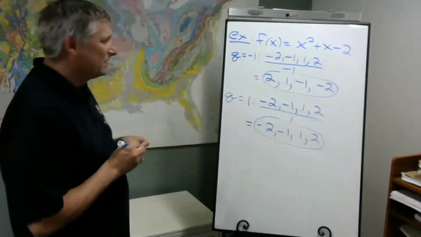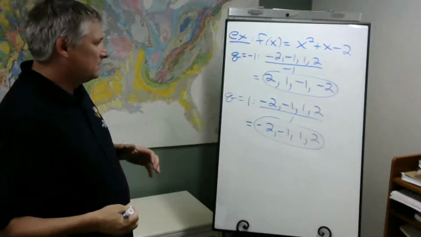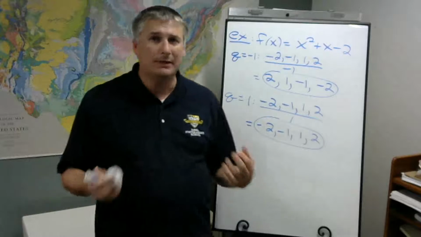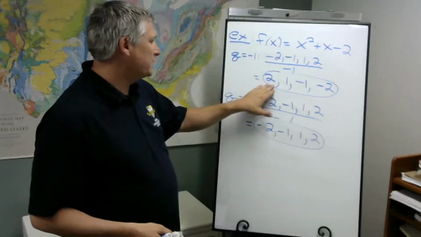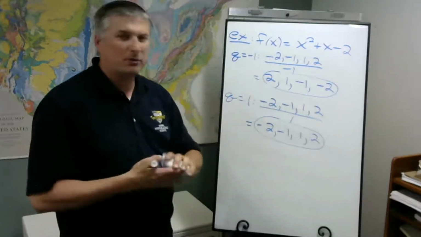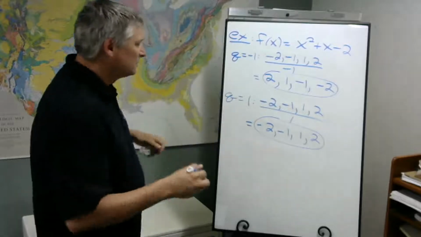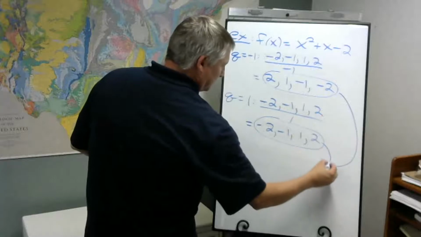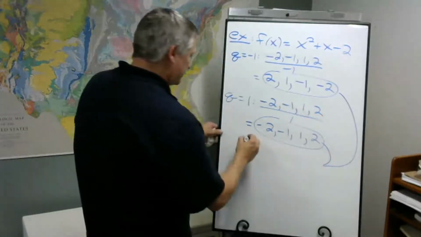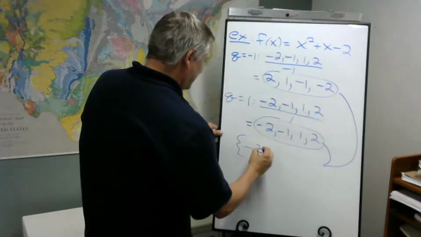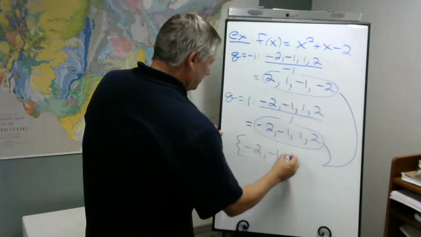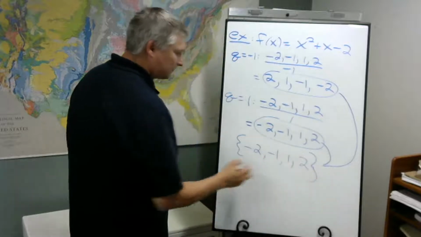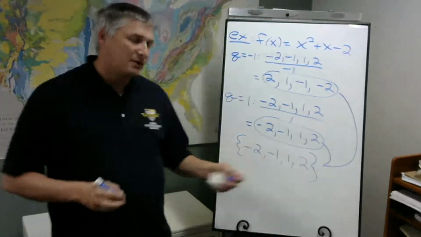And that's it. So to look at all possible rational zeros, we combine the two lists. The list when Q is -1 and when Q is 1. And we're only looking for unique numbers here. So it turns out what we end up getting if we combine these two lists into a set of numbers we're going to test is -2, -1, 1, and 2. So these are the numbers we need to test.